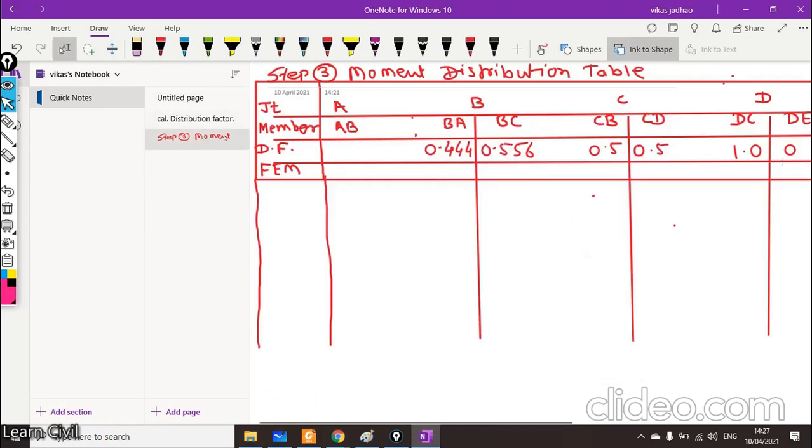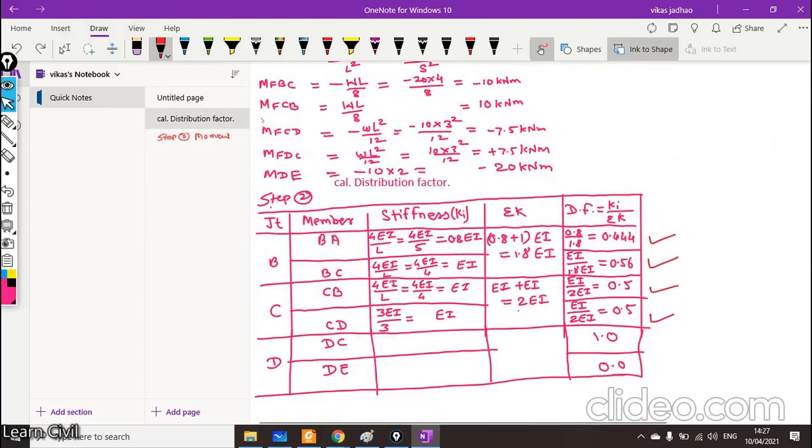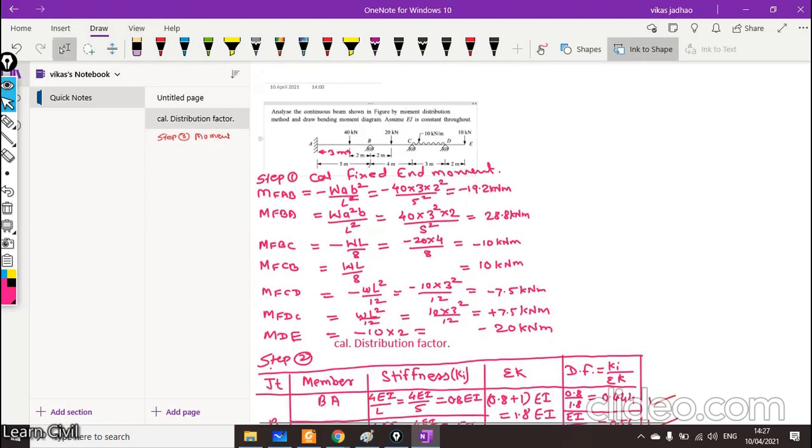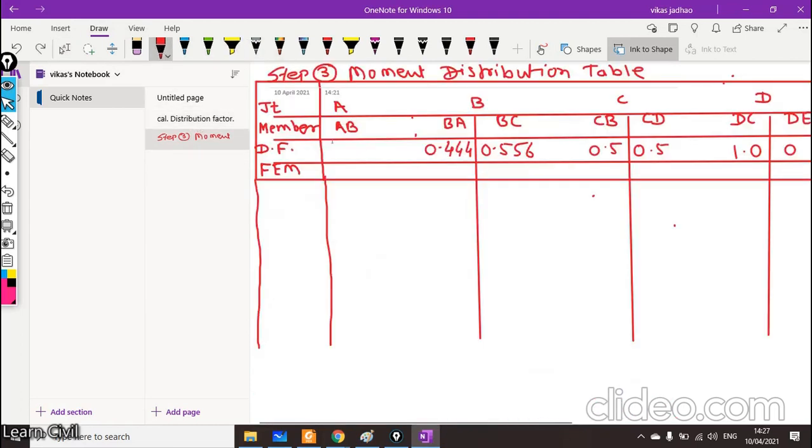Then we have to write down the fixed end moment. We have to write down the values of fixed end moment for the different spans, that is AB, BC, CD, and so on. For AB the fixed end moment is minus 19.2, and for BA it is 28.8.